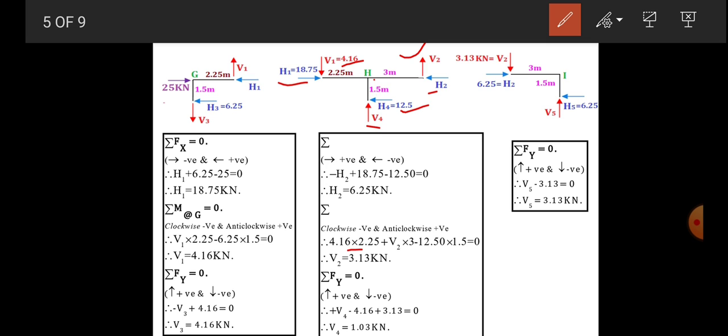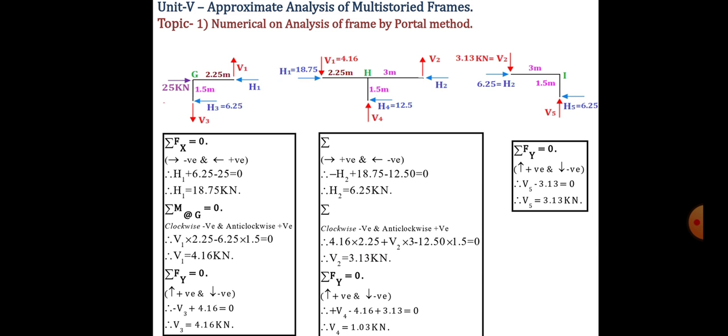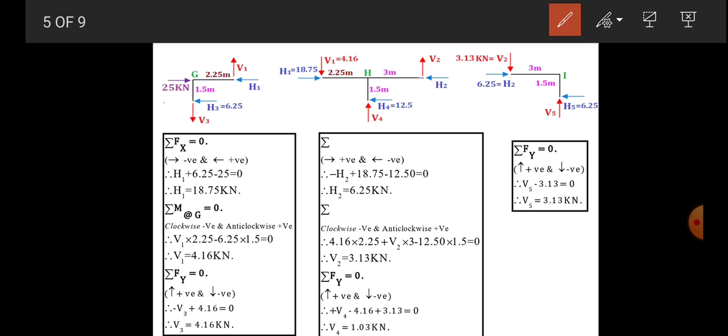First is this V1, which rotates about H in an anti-clockwise sense, so plus, and the lever arm is 2.25, so 4.16 into 2.25 positive. The next is V2, which rotates about H in an anti-clockwise sense, and the lever arm is 3, so plus V2 into 3.